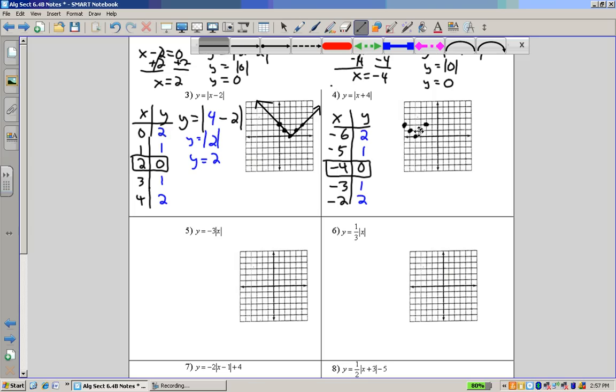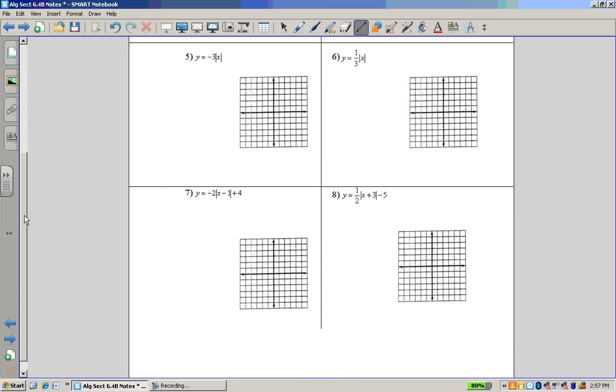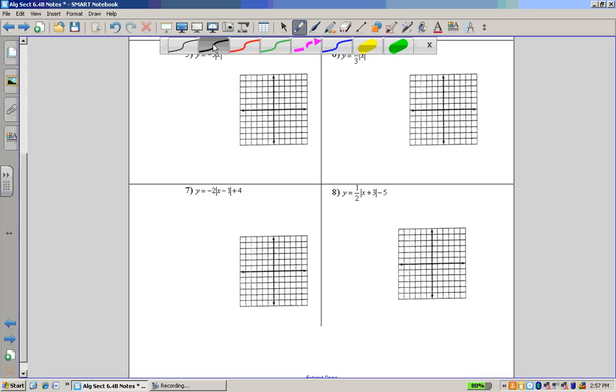And there we have it. Don't forget your arrows. All right, 4 left to go. Let's go ahead and get to work.